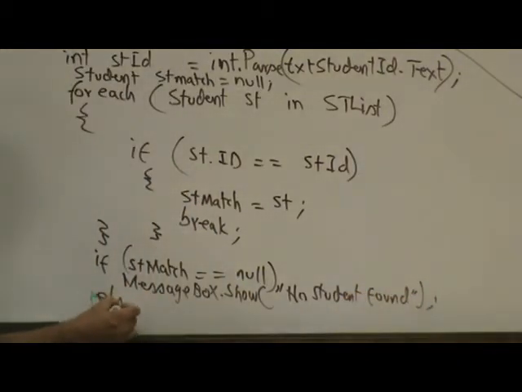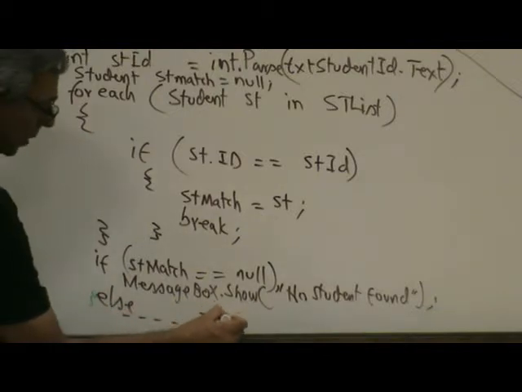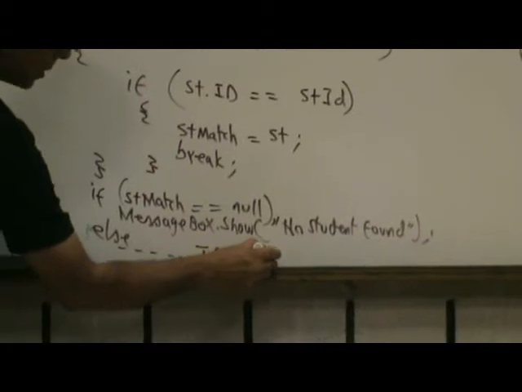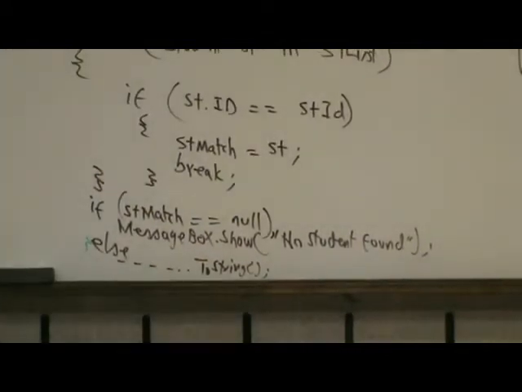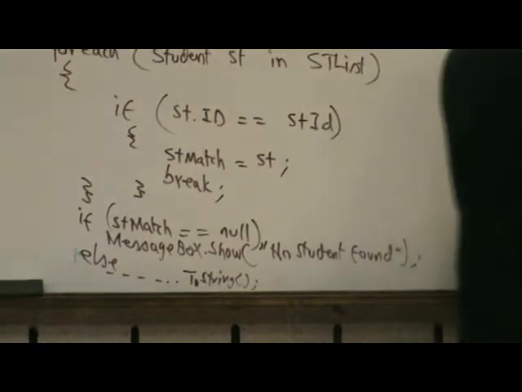Okay, else we can do message box dot show dot toString and show all the information for the student. Okay, so this will be our typical search code if the data is stored inside the university, right? Let's make it proper.